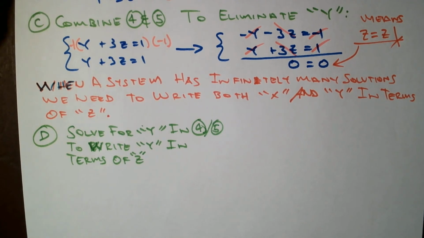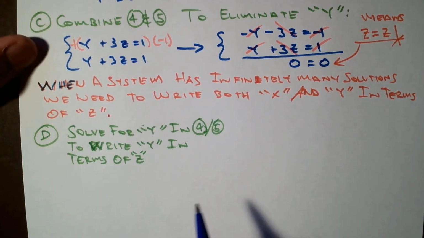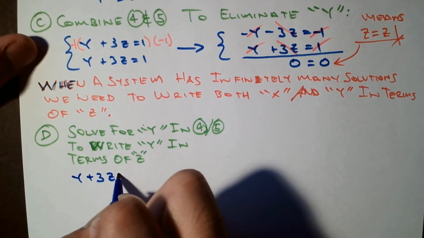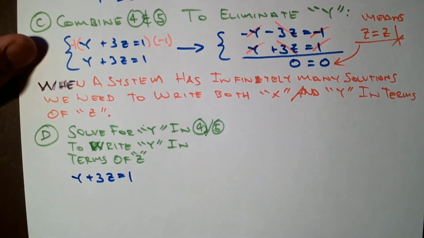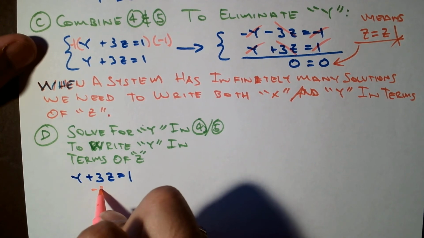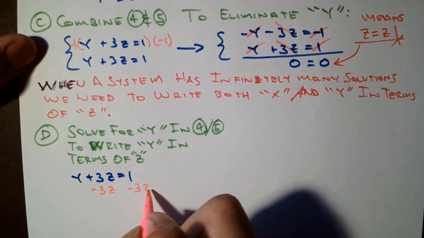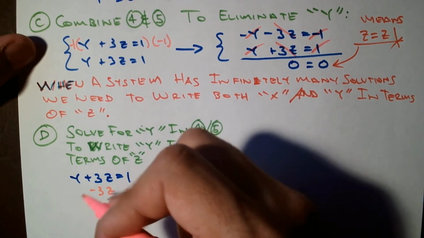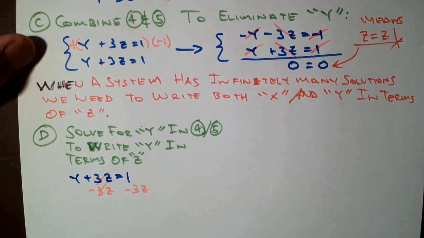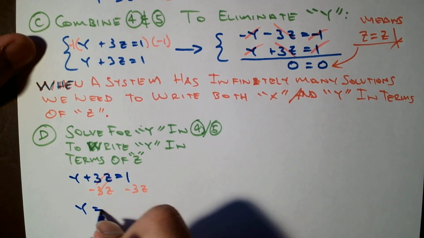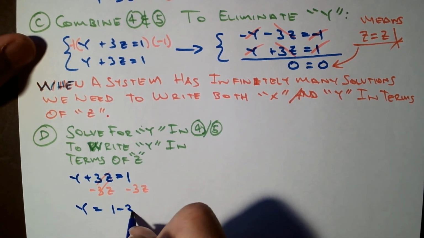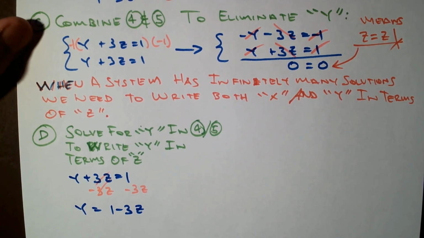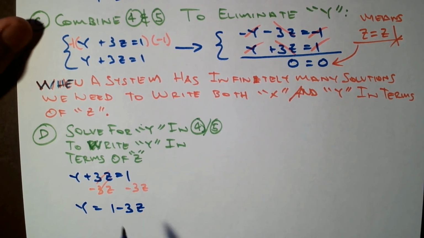They're the same equation, it doesn't matter. So that's y plus 3z equals 1. I'm going to move the z's to the right hand side. Y equals 1 minus 3z. All right, so now we got y in terms of z.